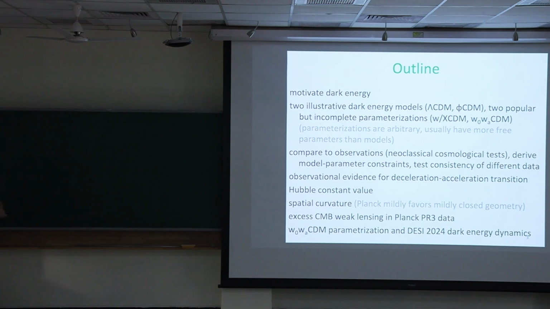Then I'll talk about the measurements of the Hubble constant, and a bit about spatial curvature, and some problems with the Planck PR3 data set as far as excess weak lensing shows up there. And then I'll talk about the newest DESI result.